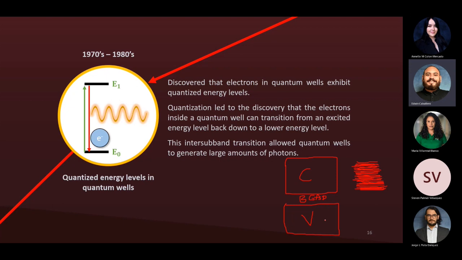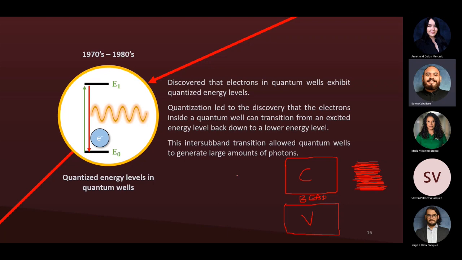The valence band is where all the outer electrons are in an atom, and in the conduction band, you can give enough energy to an electron, and it will move to the conduction band and do other things. What we're saying here in the 1970s and 80s is that if you have a semiconductor that has a small enough width, you can actually quantize the levels inside of a semiconductor.